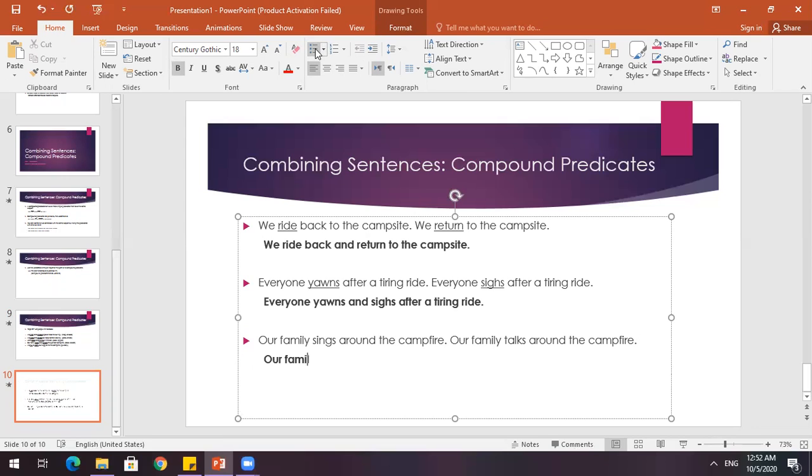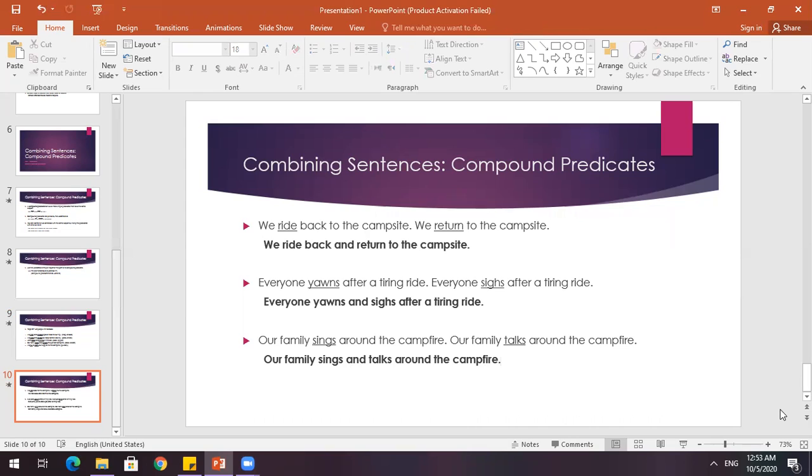Our family, let's stop and underline. Sings here is one of our simple predicates, and talks. So these are the verbs in the two sentences. Our family sings and talks around the campfire. Okay, I hope this is clear, guys, for everyone. Let's move on and do a few more examples.